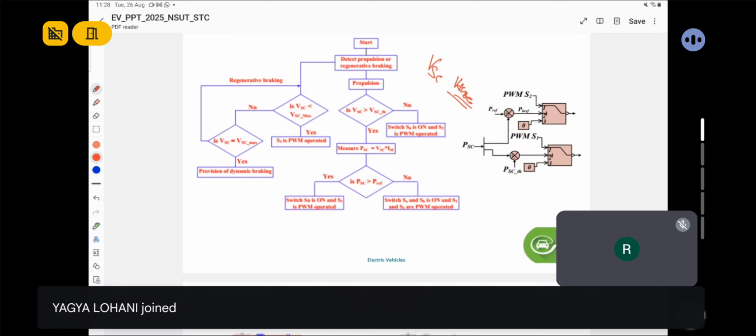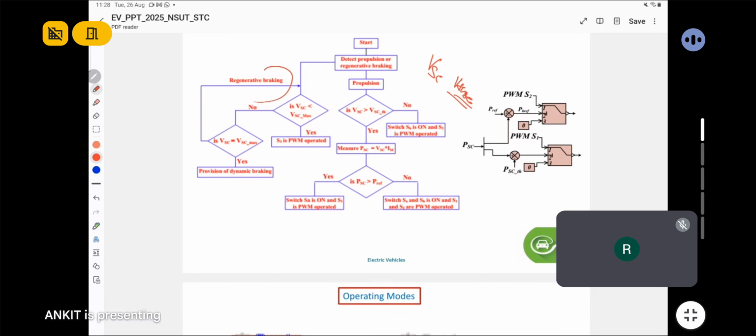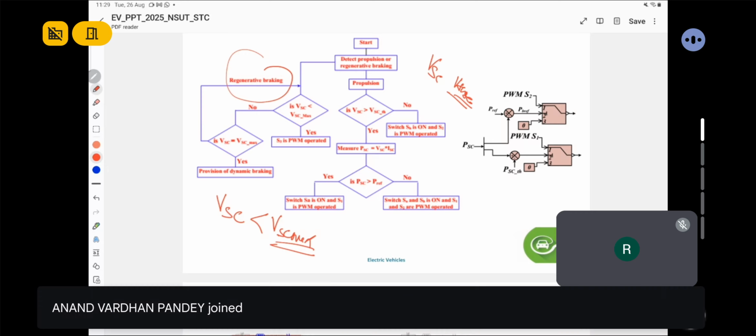So we take care that it supplies power only when its terminal voltage is higher than the threshold voltage. During regenerative braking operation, the supercapacitor is charged until its terminal voltage reaches VSC max, its maximum voltage.